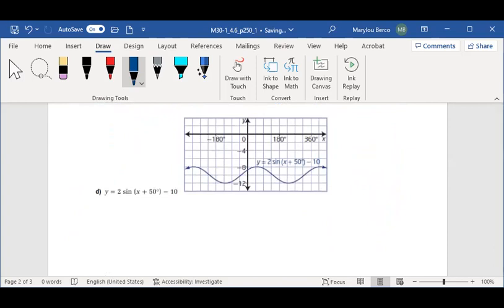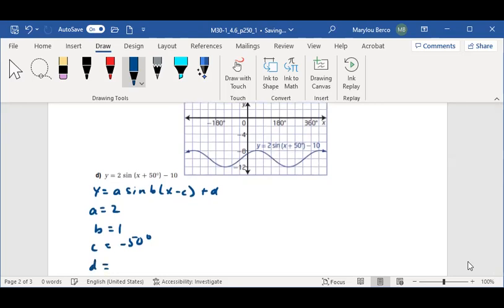Okay, here we have y equals 2 sine x plus 50 degrees minus 10. Well, y equals a sine b x minus c plus d. So we have a is 2, b is 1, c is negative 50 degrees, and d is minus 10.